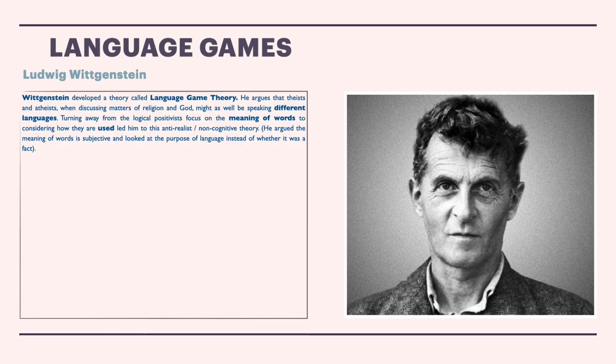Now, leading up to the formation of this theory, he had written a book called Tractatus Logico-Philosophicus. And in this book, he articulated that people communicate with pictures. So when I'm speaking to you and describing something, you are picturing, imagining in your mind what I'm telling you.